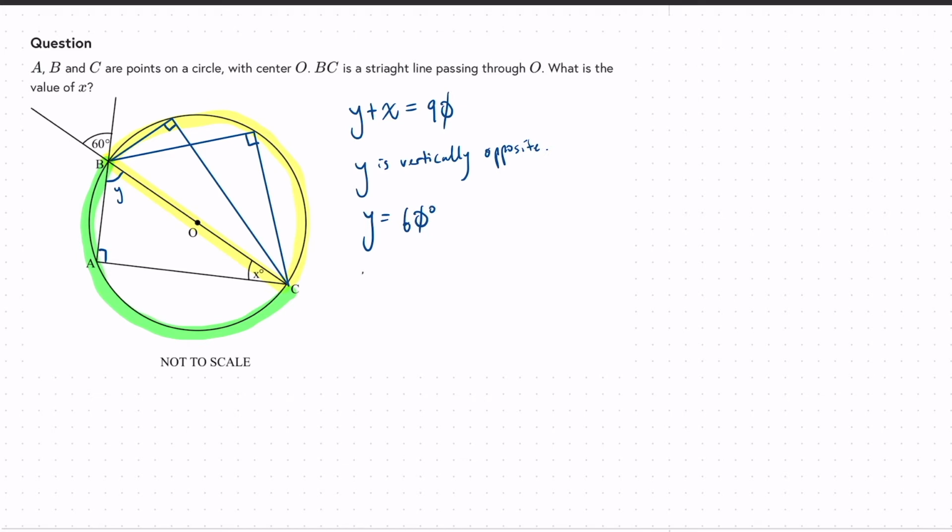So if I have 90 plus 60 plus x equaling 180, then x is equal to 180 minus 90 and 60. Then that's going to give me 30 degrees.